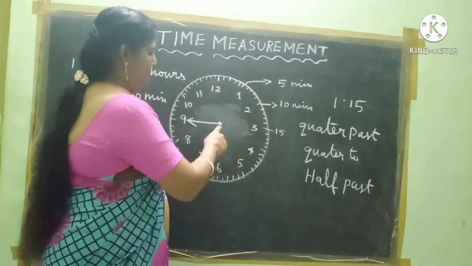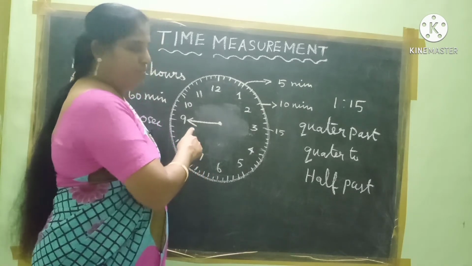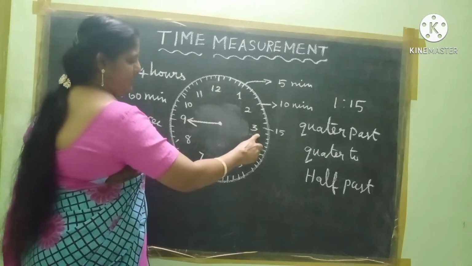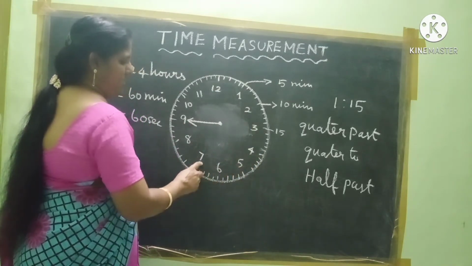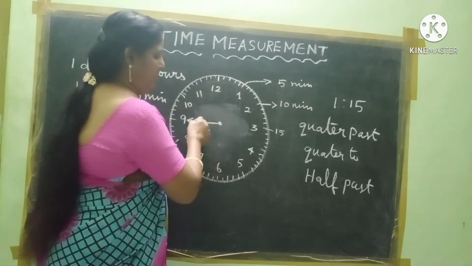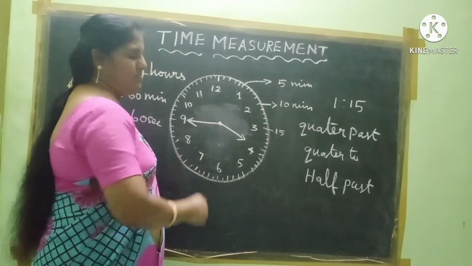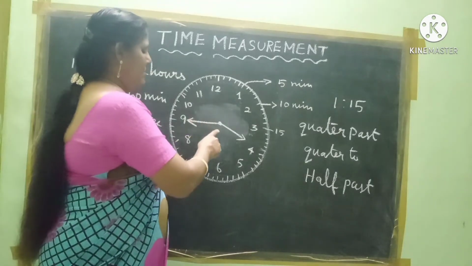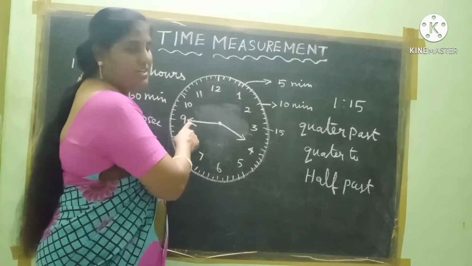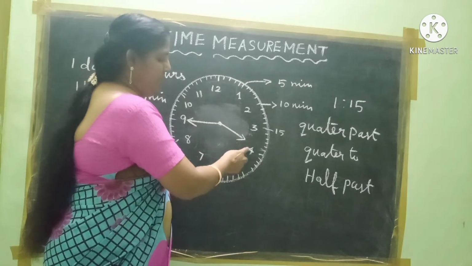Next. Quarter to means when the big hand is pointing 9. What was the minute? 15, 20, 25, 30, 35, 40, 45. There are 45 minutes. So when the minute hand is pointing 9, that is 45 minutes, and the hour hand is a little before 4.